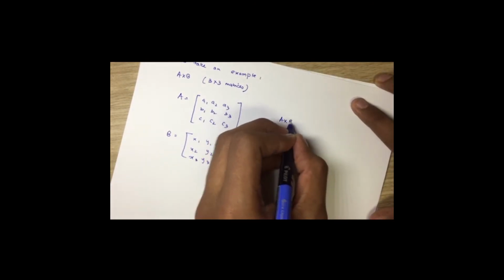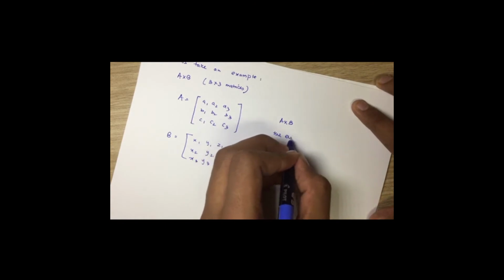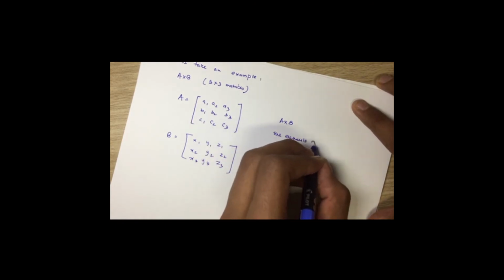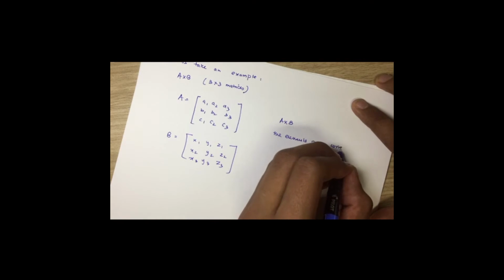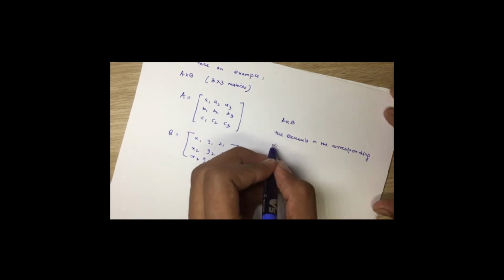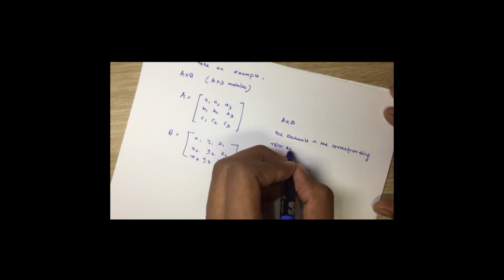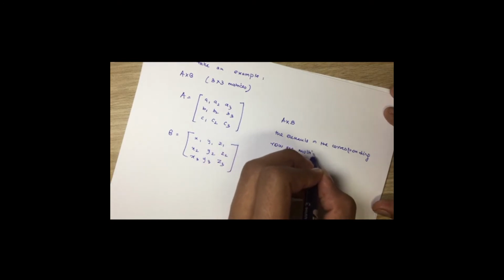So what is important here is that when we multiply A and B, the elements in the corresponding row get multiplied to the elements in the corresponding column of the second matrix. Let me write it down.